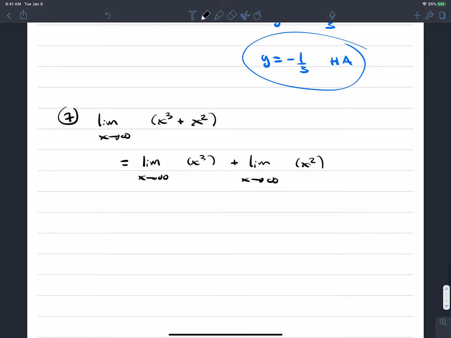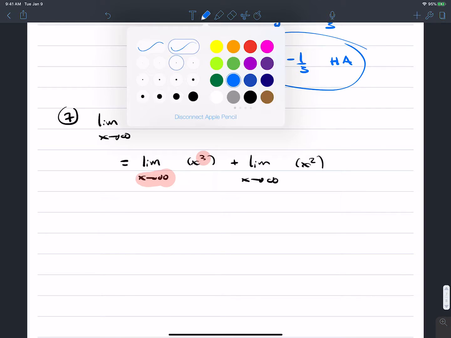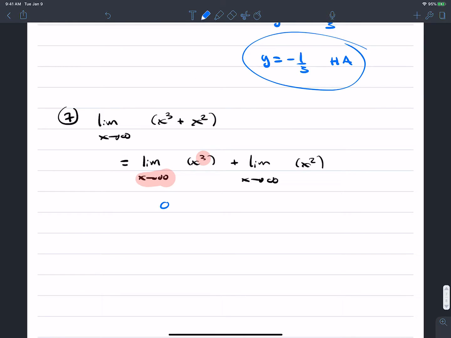Okay, and so what do you guys remember about this? Right, this first limit here, x is getting big, and if you raise that to the 3rd power, what do you think happens with the x cubed term? That's also going to be big, is that right? I'm going to say plus here.